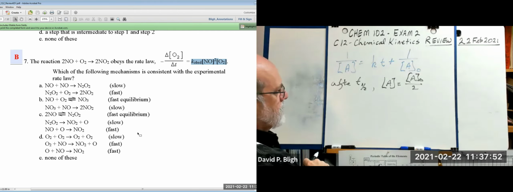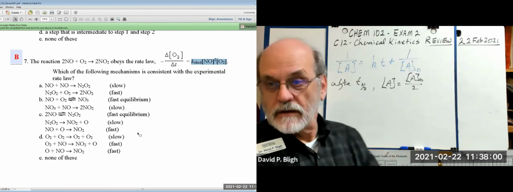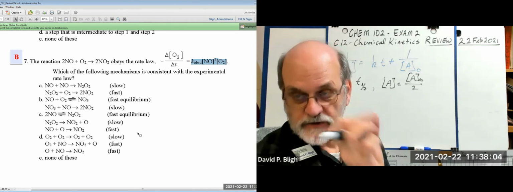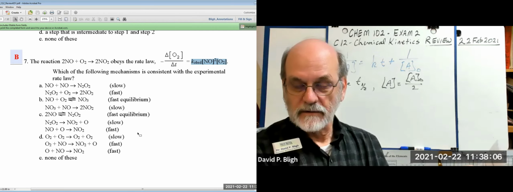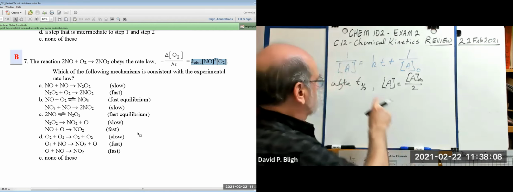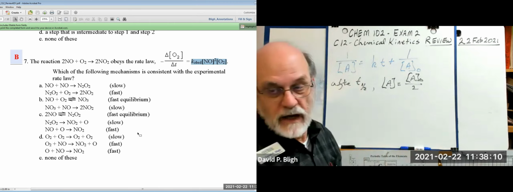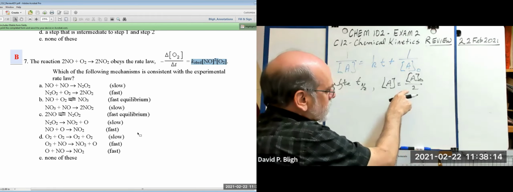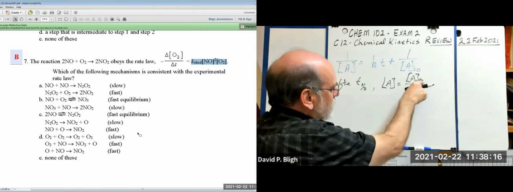So what if we substitute, since the half-life is based upon a beginning concentration of some sort, then we need to get rid of this one, right? We want to know what's the beginning concentration. So what we would do is we would solve this one for that A0.